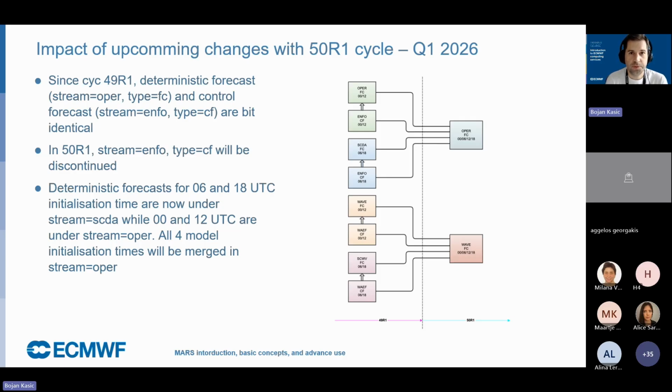So we are running two forecasts which are without any differences, and therefore in the next cycle in 50R1 we will deprecate what is called stream enfo and type control forecast. So in the stream enfo you will only find ensemble members, and then stream oper type FC will be the same as it is now. But if you need control forecast, you need to fetch the deterministic actually, not the control.